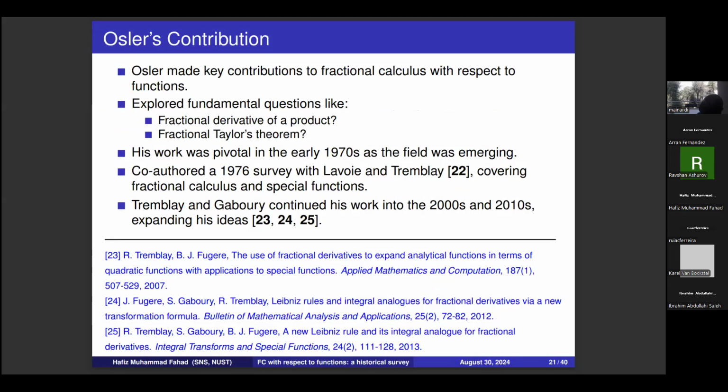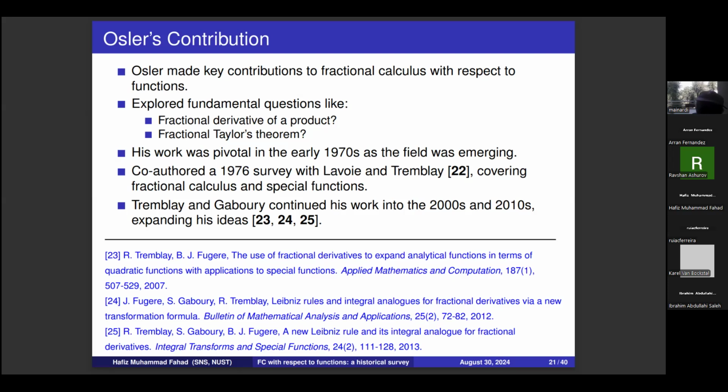Right, so his work is in fact crucial in the early developments of fractional calculus, particularly in addressing questions such as the fractional derivative of a product, and generalizations of Taylor's theorem.